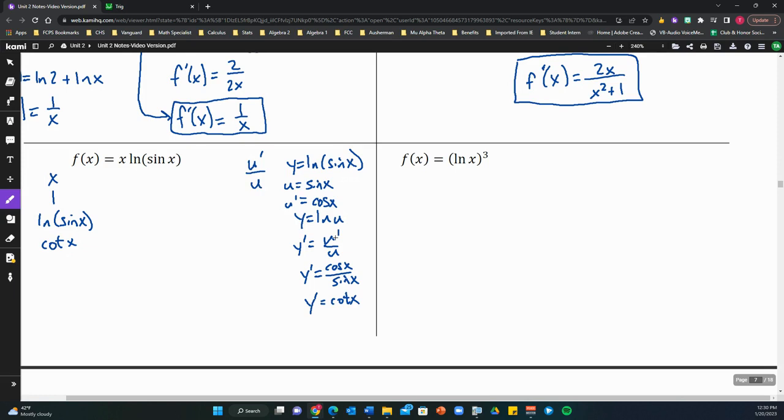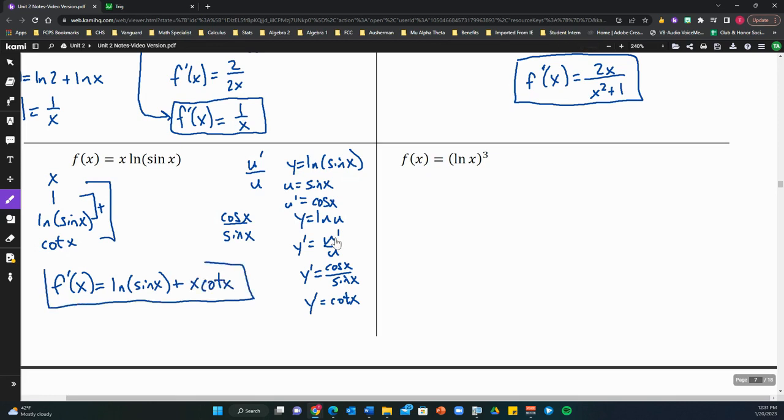When we are able to do mental math with these, I know that sine of x is going to go on bottom and its derivative cosine is going to go on top. And so we can piece all that together and realize that we're going to end up with that cotangent function. So now it's insides plus outsides. I don't need to rewrite anything because I've already done that off here to the side. So we end up with f prime equals natural log of sine of x plus x cotangent of x. And that is it.